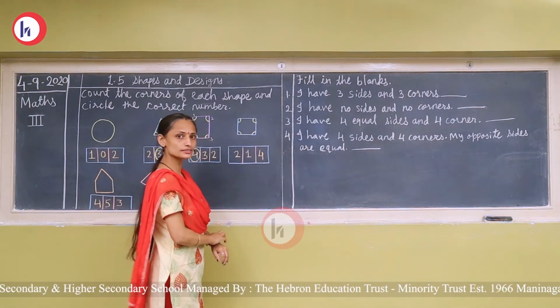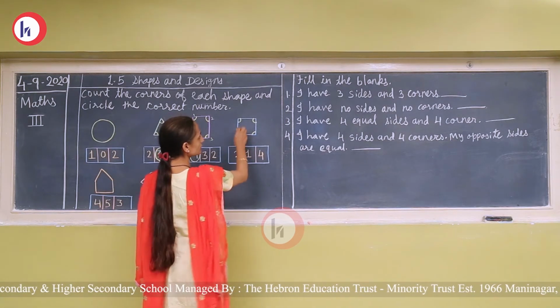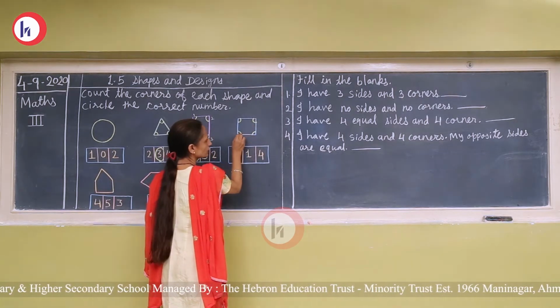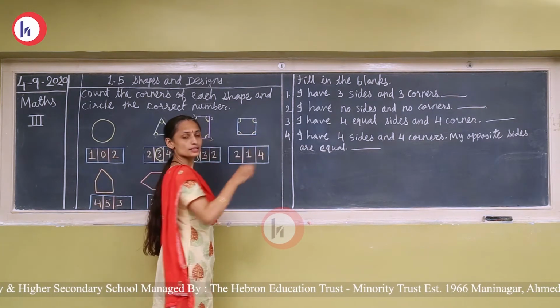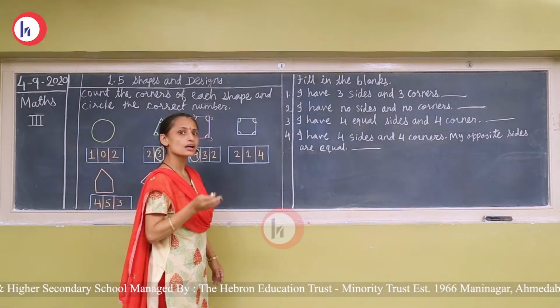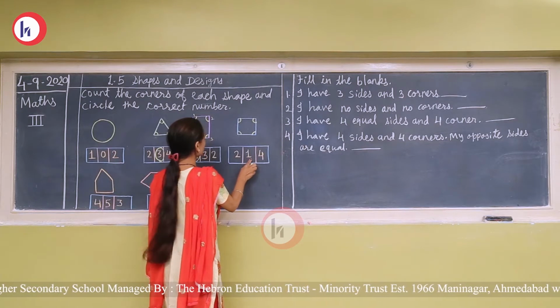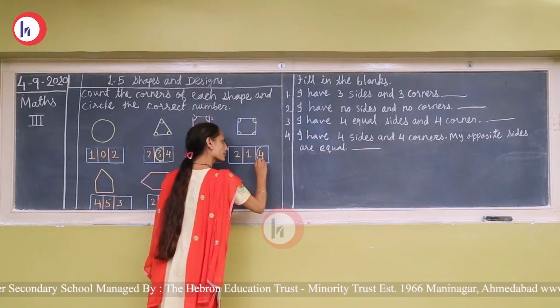Again a corner. How many corners are there? 1, 2, 3, 4, so square has 4 corners. Means our correct answer is 4.